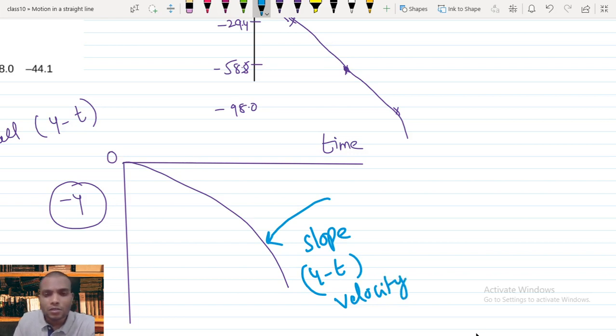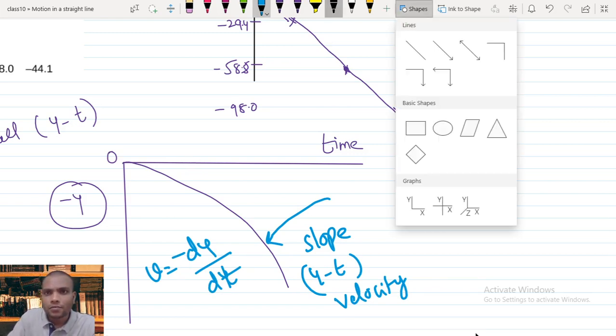Velocity v is defined as the rate of change of displacement, dy by dt. So it comes along with a negative sign, because displacement is negative.